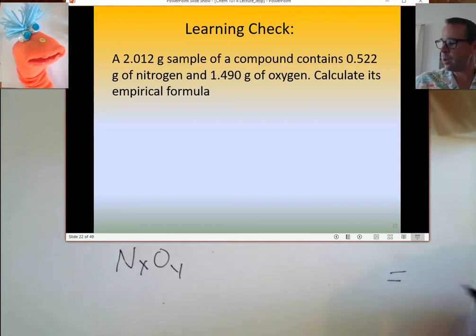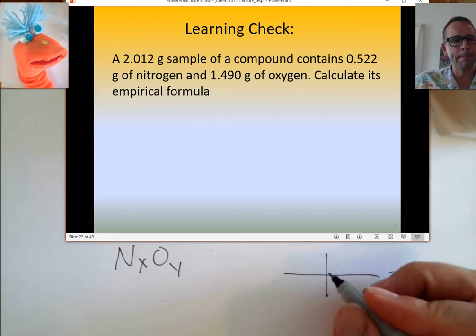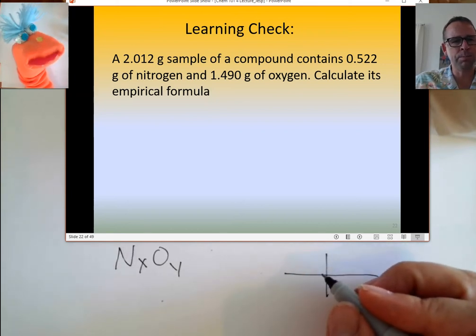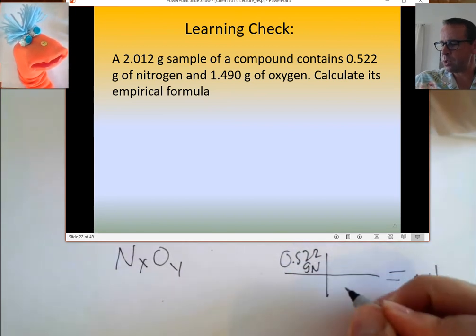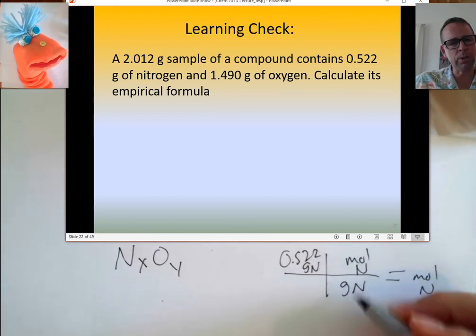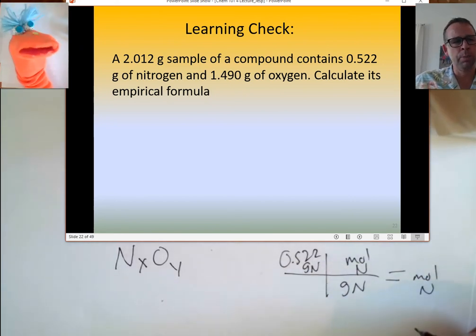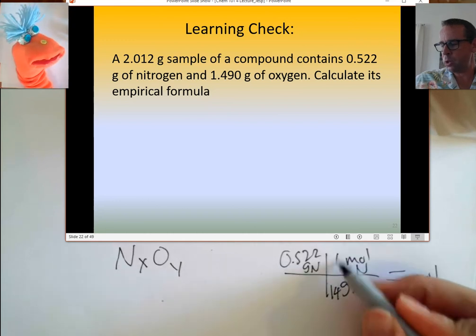Yeah, so if I start off with wanting moles of nitrogen, for example, from 0.522 grams of nitrogen, then I can go from grams of nitrogen to moles of nitrogen. Do you remember how to do this? That's just the number on the periodic table. Its units are grams per mole. So that nitrogen, I remember, is 14. 14 grams per mole. Very good.